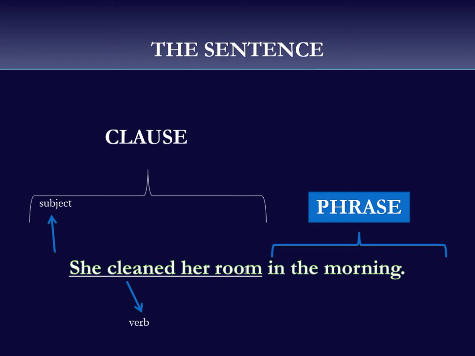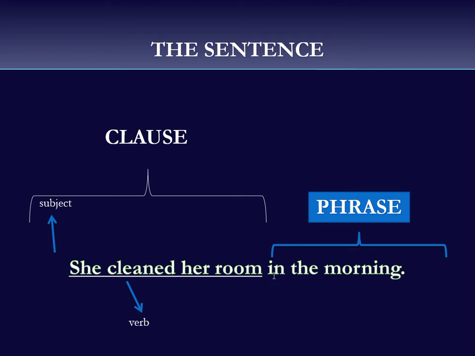Her room is the object, so this makes a clause. This is part of a sentence with its own subject, its verb and its object. But following this comes another group of words, which is in the morning.